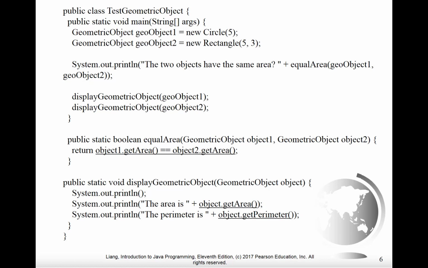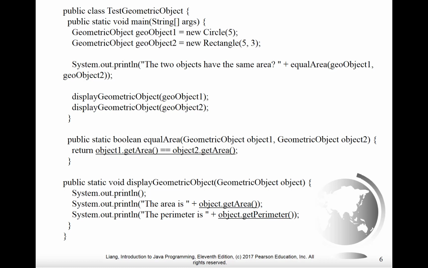In the case of GeoObject2, we've used new, but this time with the rectangle class instead, and we've made a rectangle of dimensions 5 by 3. So although the declared types for both GeoObject1 and GeoObject2 are geometric object, the actual type for object 1 is a circle, while for object 2 it's rectangle.